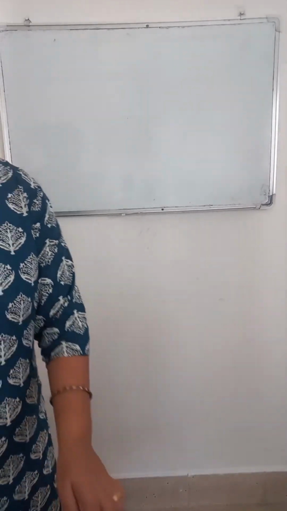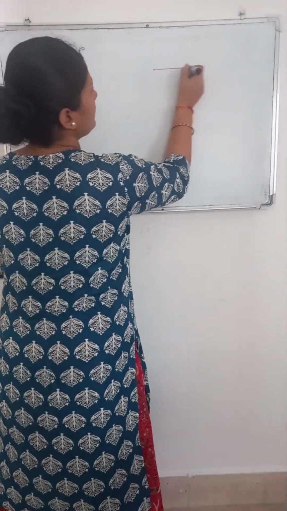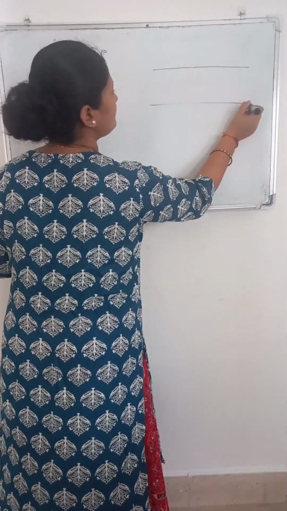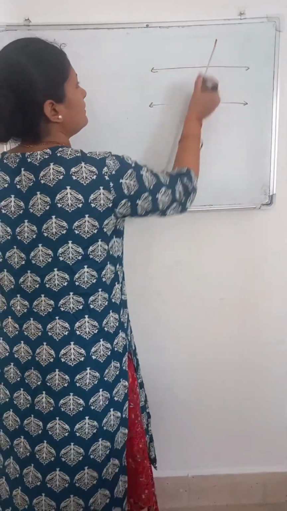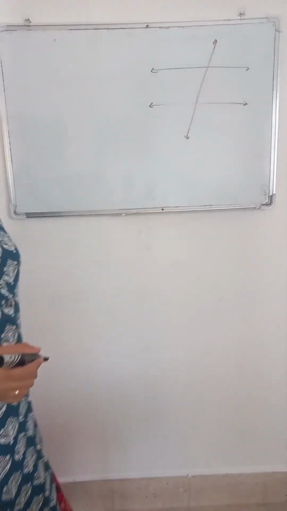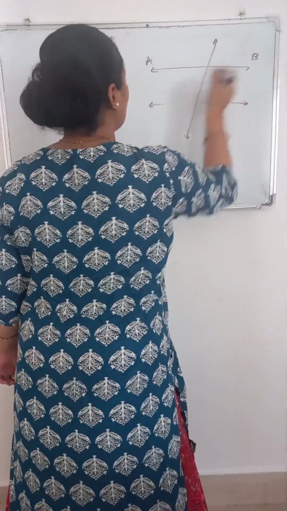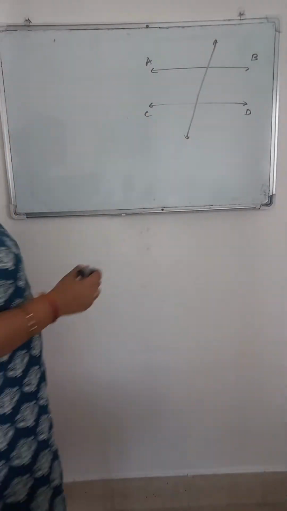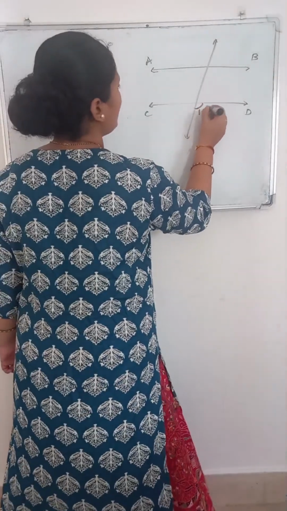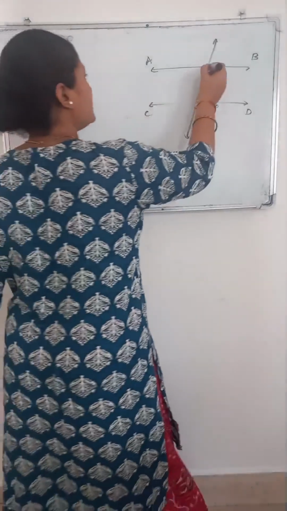Okay, so here I will draw the figure. They gave a figure over here. This is the transversal and they are saying AB and CD. This is AB, this is CD. Okay, and this entire angle is given as 104 degrees, and here PR is an angle bisector.